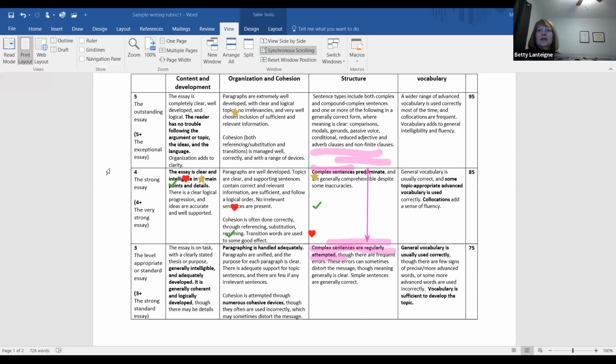I'd say a 4+ on this one, because there is some impressive use of vocabulary, although not always correct, but yeah. Okay, Tim?